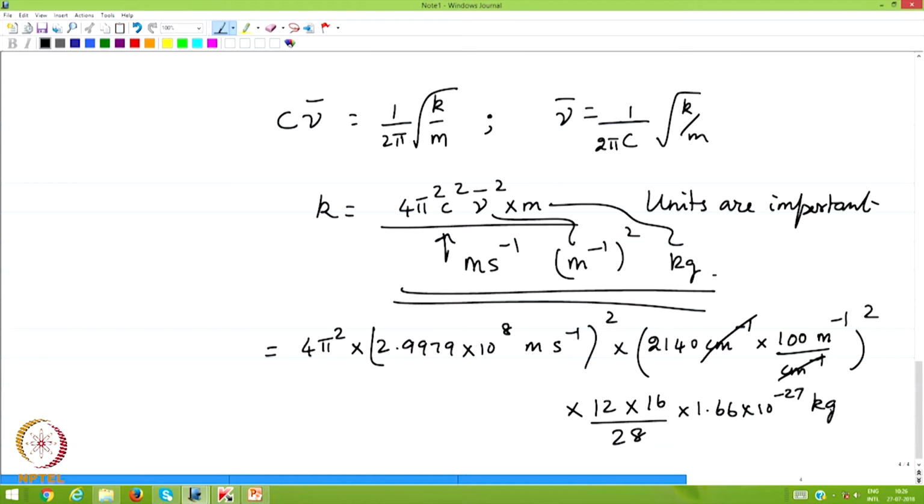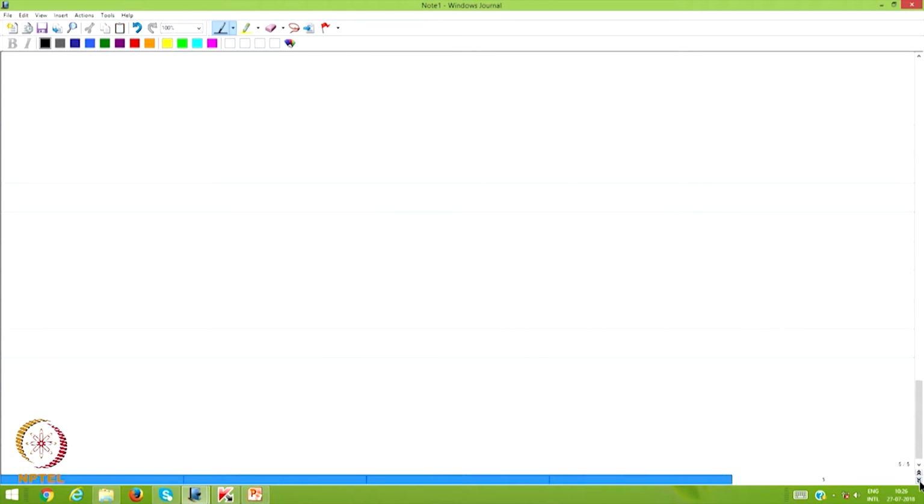This is purely a numerical exercise and I will leave it to you to calculate. What I calculated the number to be is somewhere around 1849.6 newtons per meter. This is the solution to the force constant in problem 1.